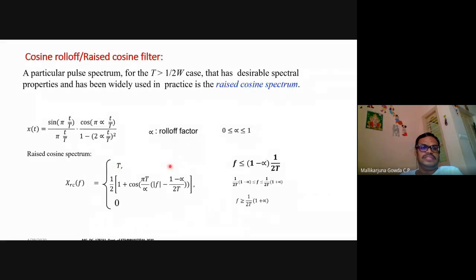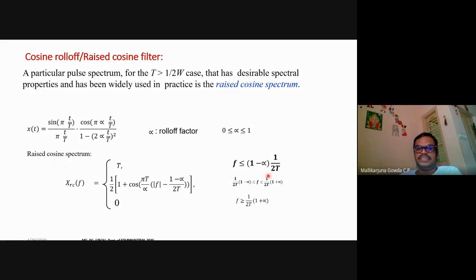So this is in the time domain and this is in the frequency domain. In the frequency domain, the raised cosine spectrum is written as X_RC(f) equal to T when the value of f is less than or equal to (1 minus alpha) divided by 2T.